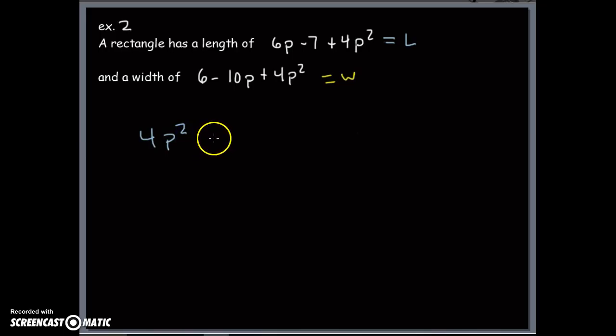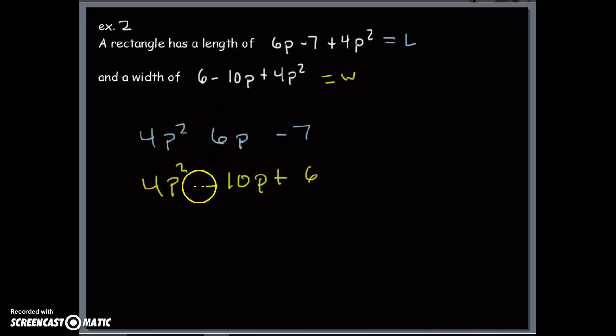Then we've got a 6p, and then we've got a constant. Here we've got a p squared, so we can write that right under p squared. Then we've got a p, and we have a constant here.